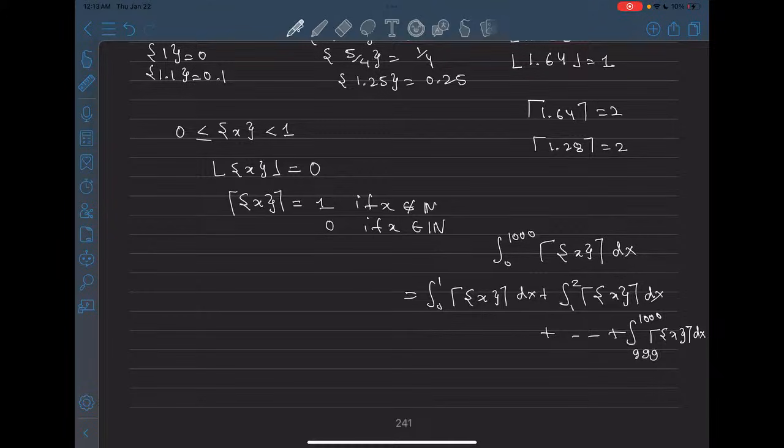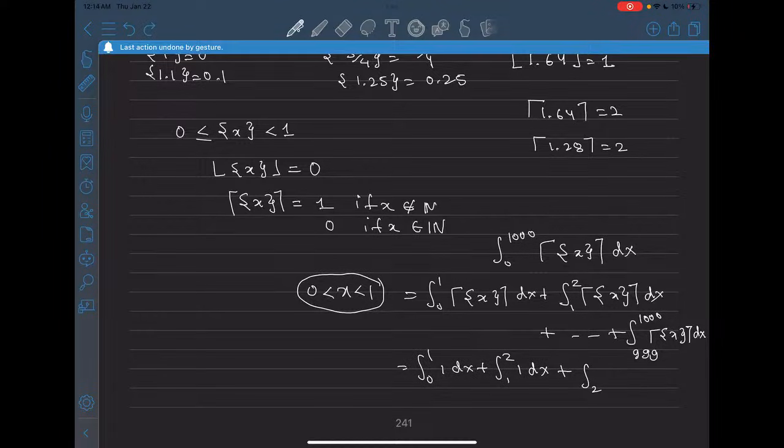And the reason I want to do this is, while doing the integral, x is strictly between 0 and 1. I can just assume that. And so in that case, it's always 1, right? So this is just the integral from 0 to 1 of 1 dx. Another is also the integral from 1 to 2 of 1 dx. So essentially, for the purpose of the integral, it's always 1.